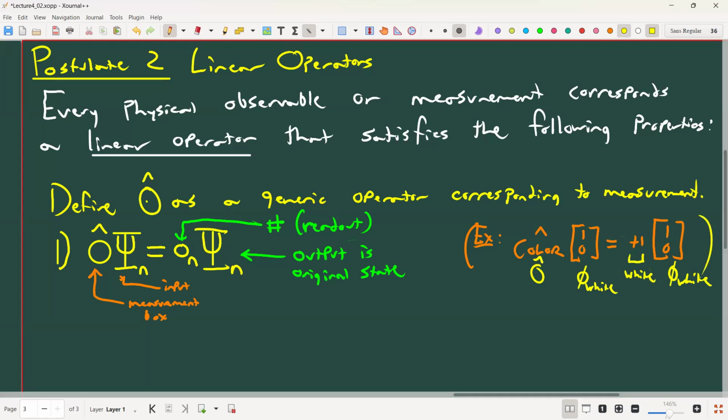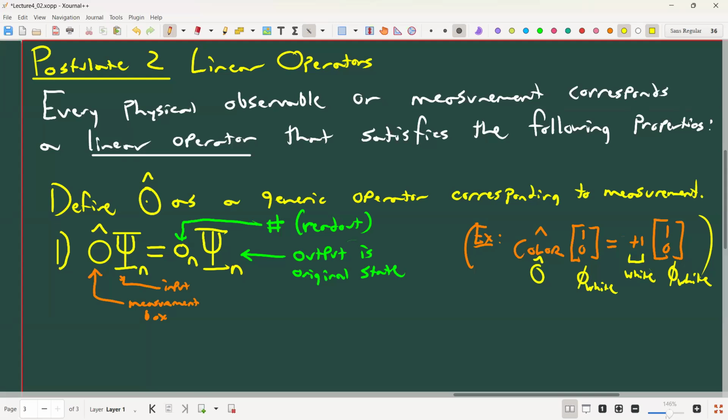So an operator, which again, we really haven't quite figured out what exactly it is yet, but it's some mathematical function or some mathematical operation that we can do. When we apply it to a wave function, it doesn't change the characteristic of the wave function at all. The wave function is unchanged, and we can factor a number out, this O sub n number. It's just a number. In fact, it has to be a real number, as we'll see. You get some real number out, and that's the measurement that you read out.